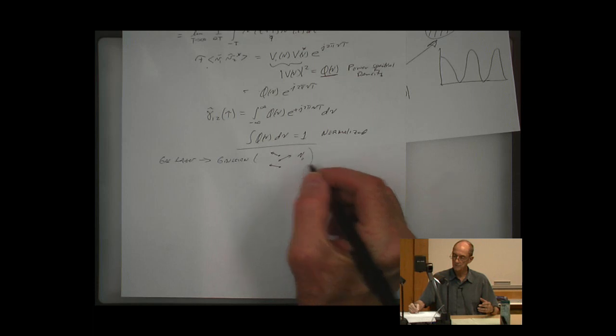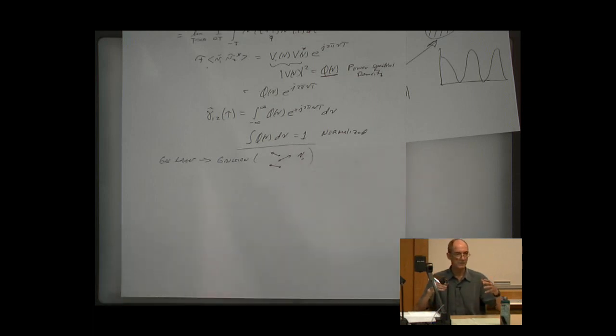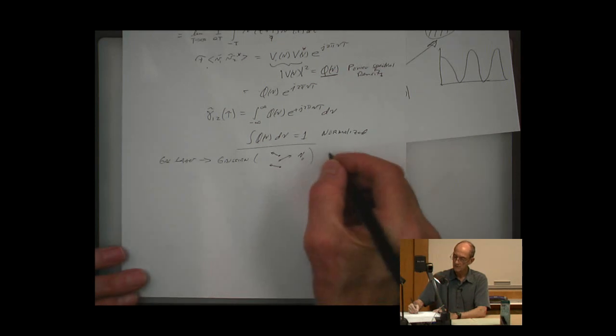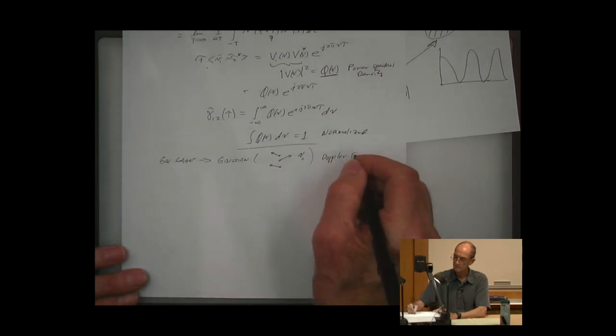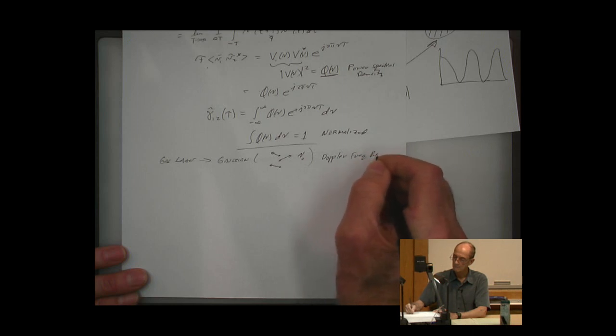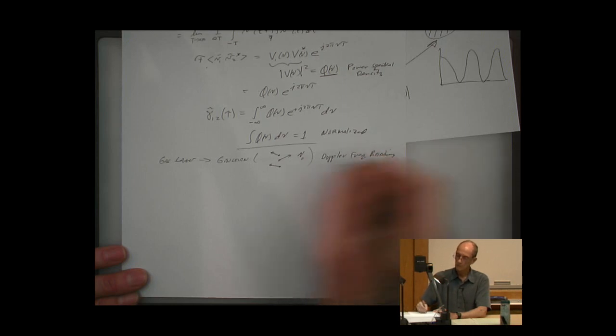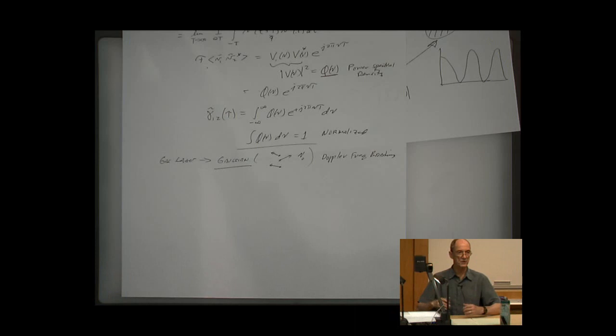And that different velocity component, just like the train going away from you has a lower pitch than when it comes towards you, gives the same sort of effect in optics. And so you get this Doppler frequency broadening, which gives rise to a Gaussian spectral power density function.